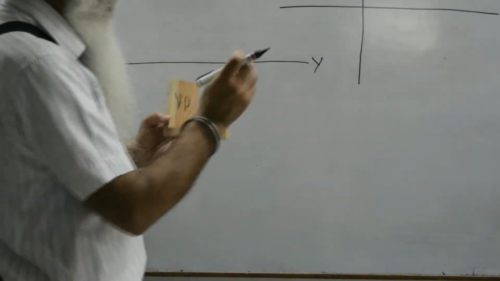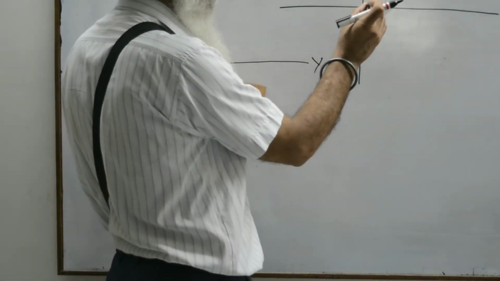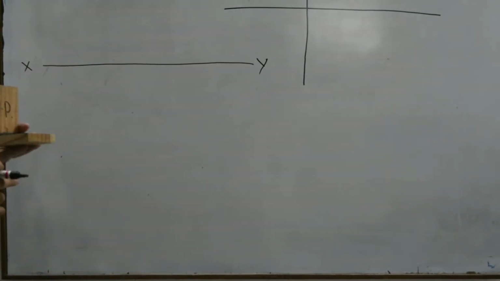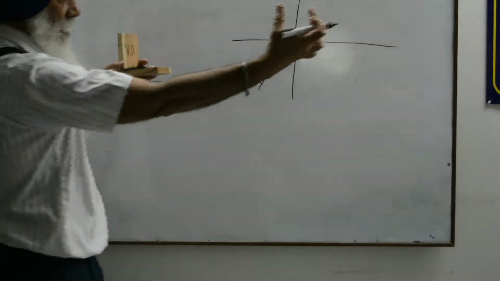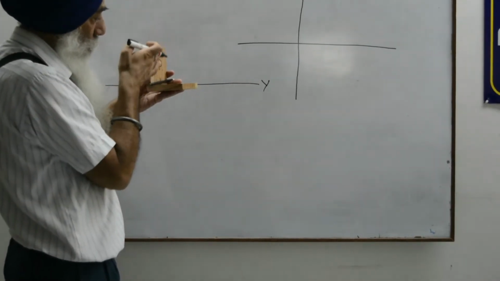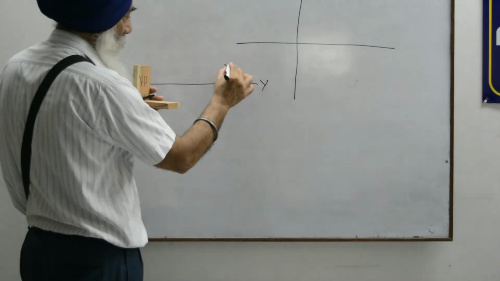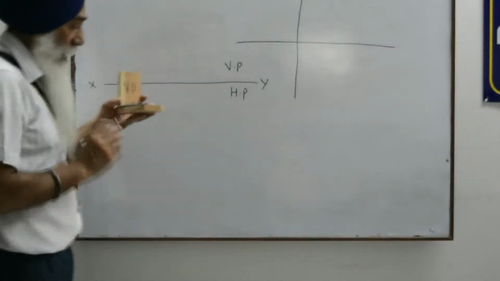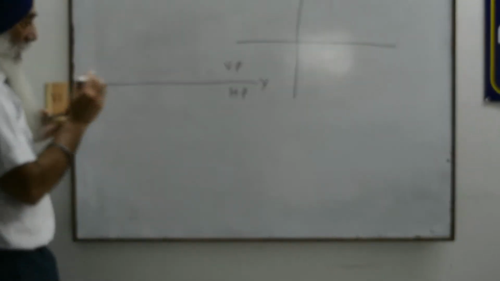The line is lying over here. First we will see from the right hand side, so its projection will be on the vertical plane. This is my vertical plane, this is the horizontal plane. Its projection, the line lies over here.